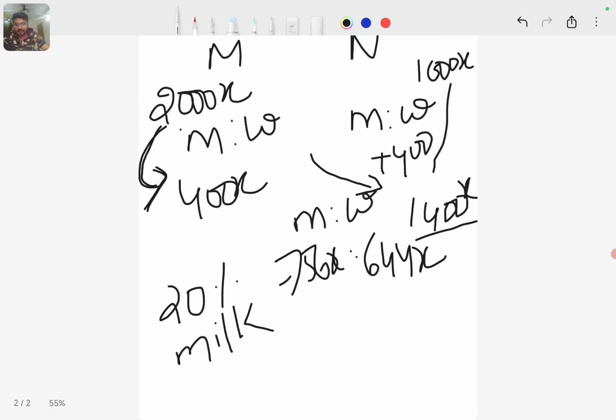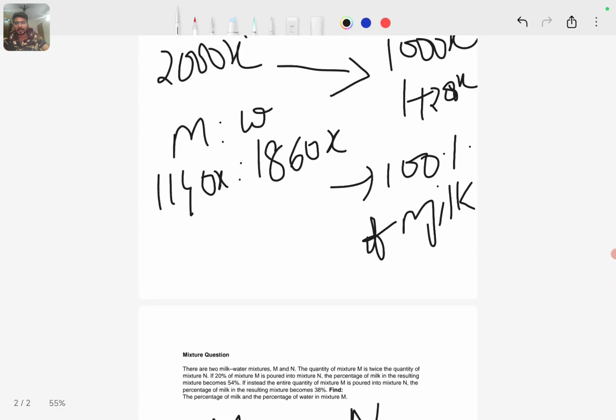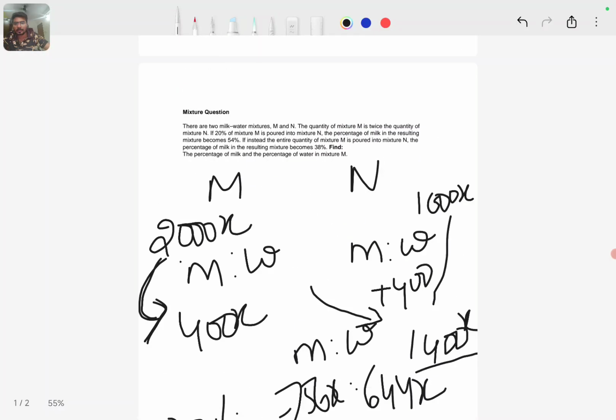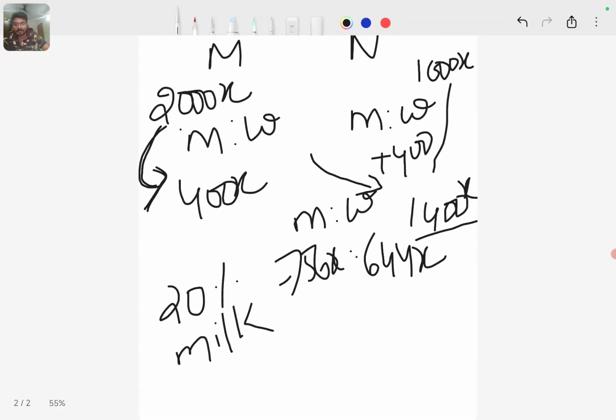So here 756, when we have added 20%, means 756. When we have added 100%, what is the value? 1140x.